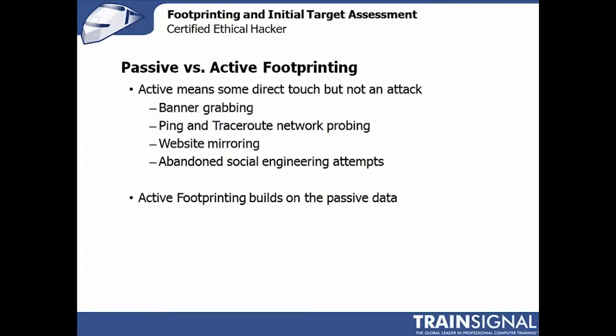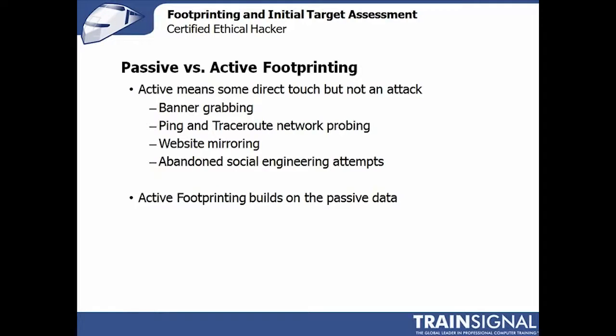Further examples in this distinction of passive versus active footprinting are that active footprinting techniques directly touch things like websites. So web servers, banner grabbing web servers, banner grabbing FTP servers, and so forth. Those are the types of active footprinting. They're still not attacks.